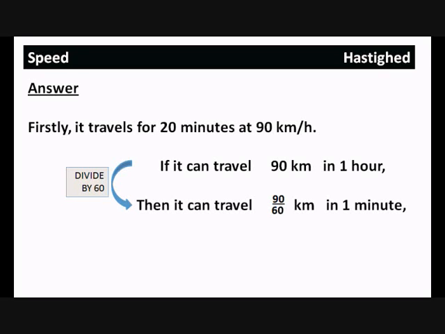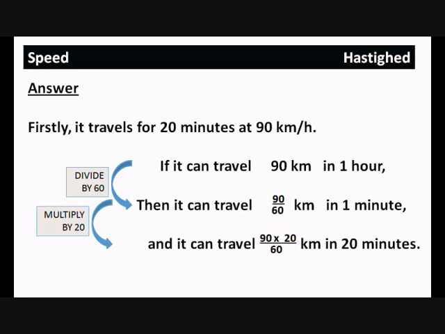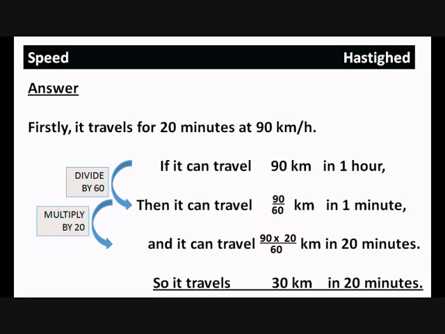So we'll divide everything by 60 to find out how far it goes in 1 minute, and then we'll multiply everything by 20 to find out how many kilometers it goes in the actual 20 minutes that it's travelling for. And if you do all that, it works out to 30 kilometers that it can travel in 20 minutes.